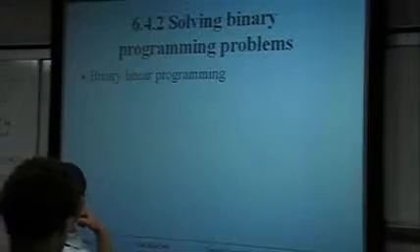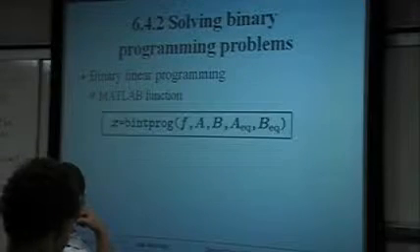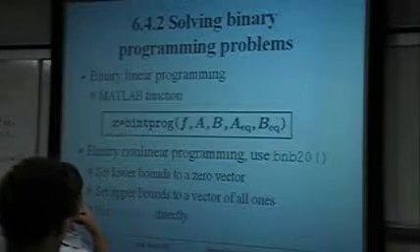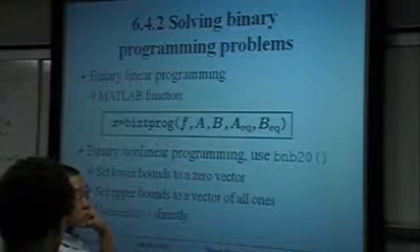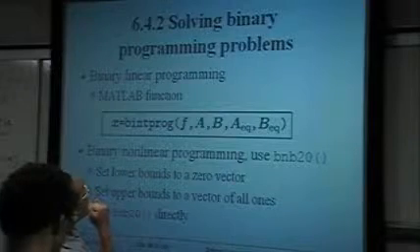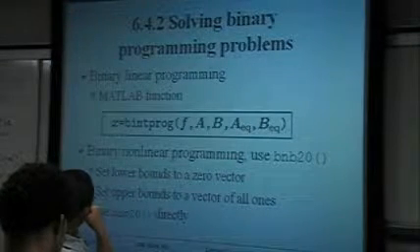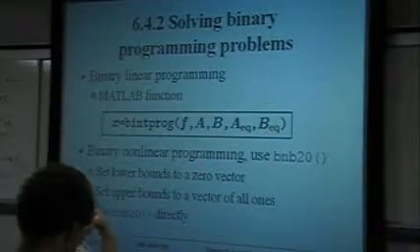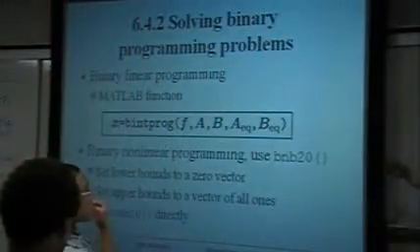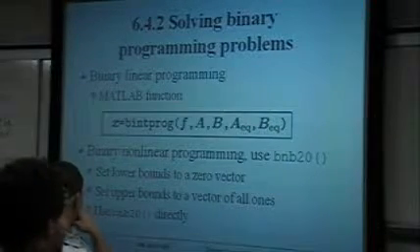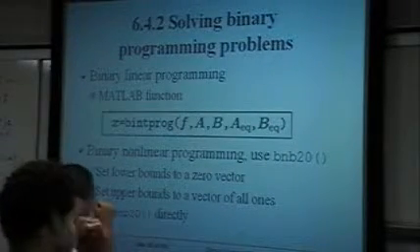So now I've talked about the mixed integer programming problems. Now what about binary programming problems? As I said, binary programming problems require that the xi's can be either 0 or 1, and cannot take any other constant.